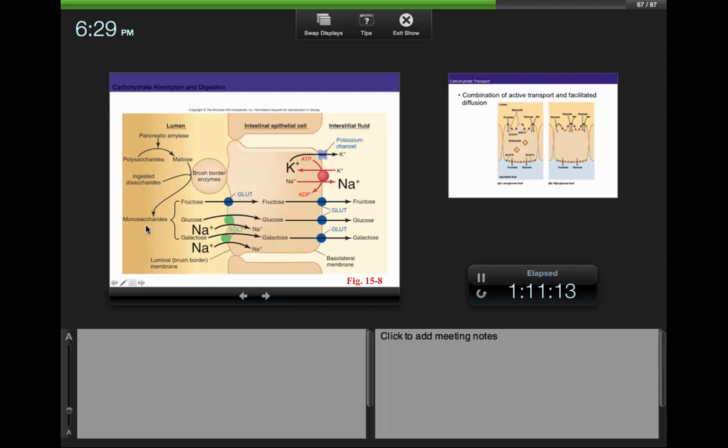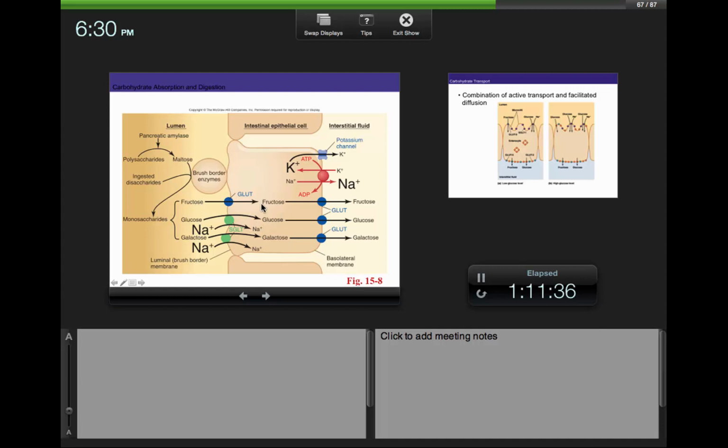And then the monosaccharides are taken up by the cell by the secondary active transporters, the SGLTs, sodium glucose transporters. They use the sodium gradient, you can see the big Na, little na, using the sodium gradient to move glucose against its concentration gradient.